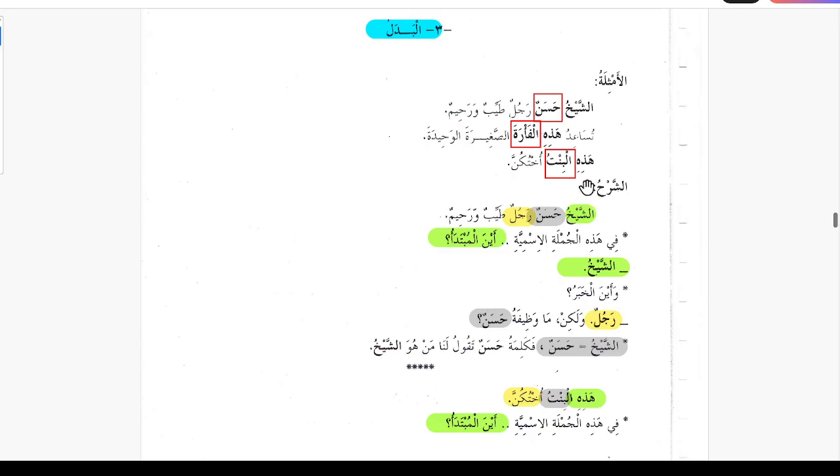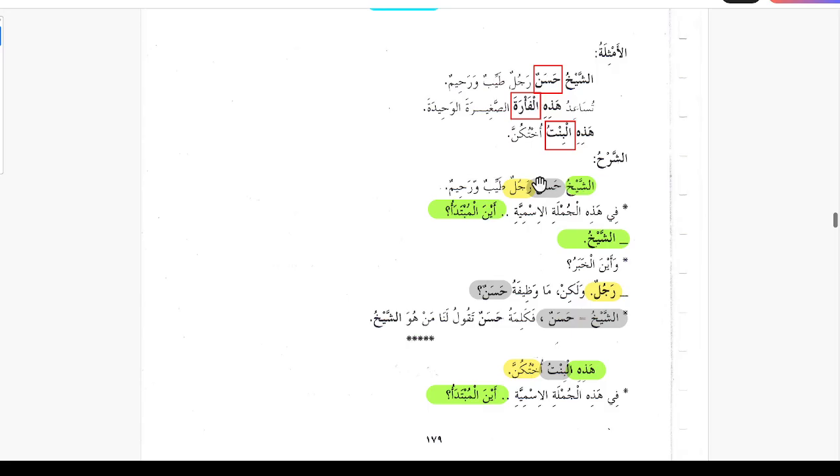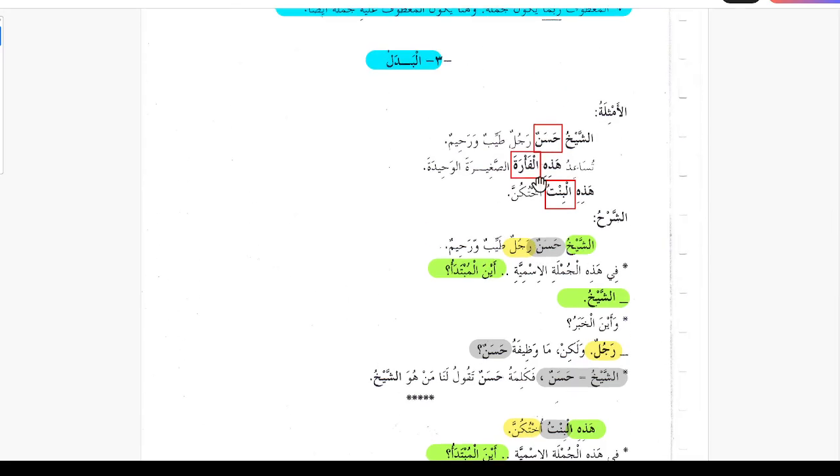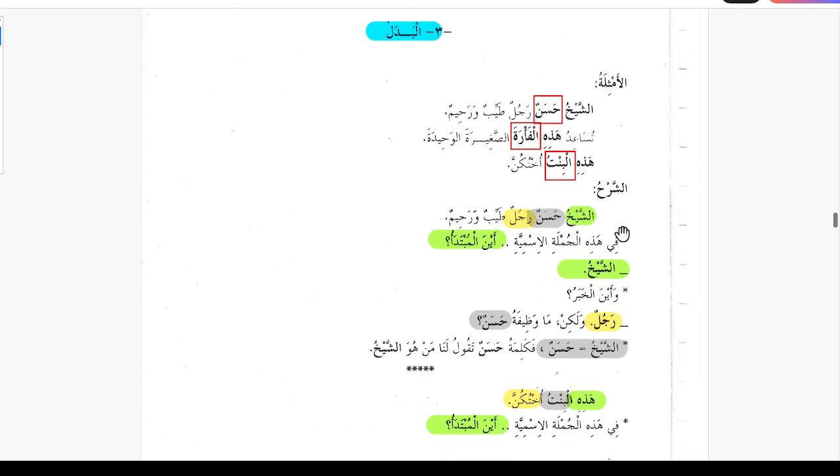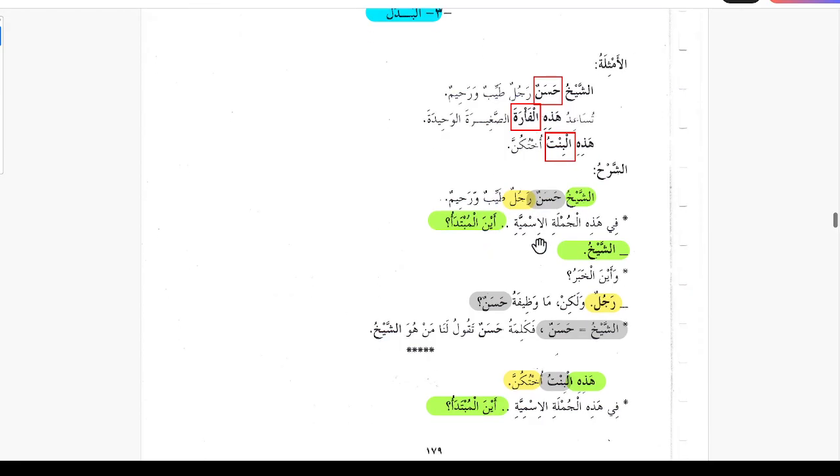So now we know the words that I have marked with a rectangle or a square. What are those words? The explanation: the first one is being explained here. Ash-shaykhu hasanun rajulun tayyibun wa rahimun. Fi hazihil jumlatil ismiyati, aina al-mubtada?